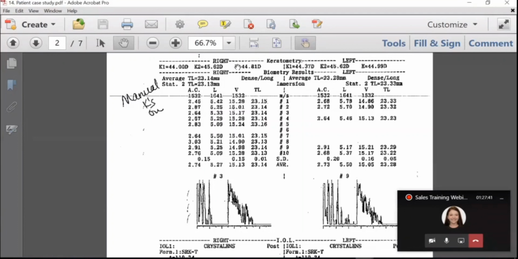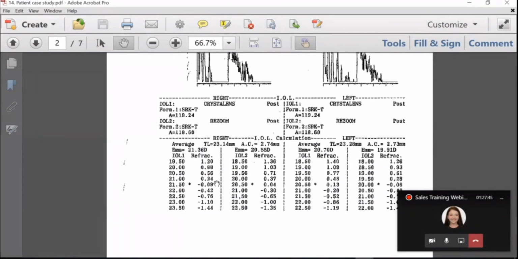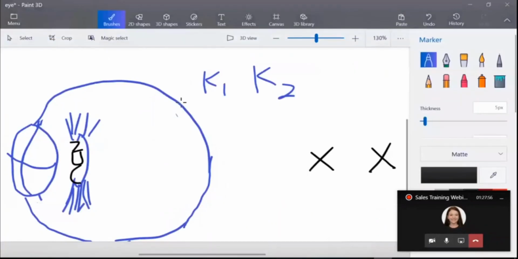So we're using the K average to perform the calculation and give you an IOL power like this, 21.5 diopters. So let's say we put in 21.5 diopters of a monofocal, non-toric lens.